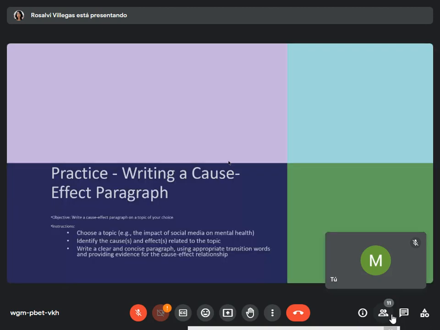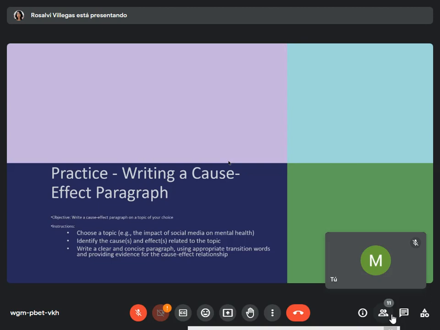So, for finishing this class, I'm going to send you just a practice exercise, and I'm going to give you around 20 minutes to do this, so you can share it here in class and send me the text. So let's practice writing a cause and effect paragraph. Just choose a topic, the one that you prefer, and identify the cause and effects related to the topic.